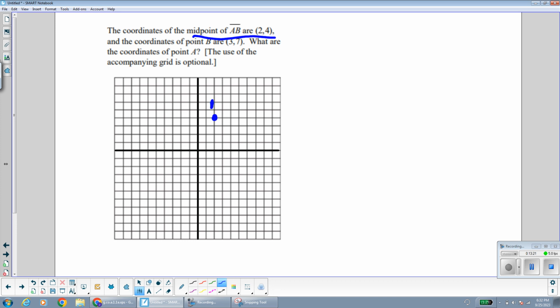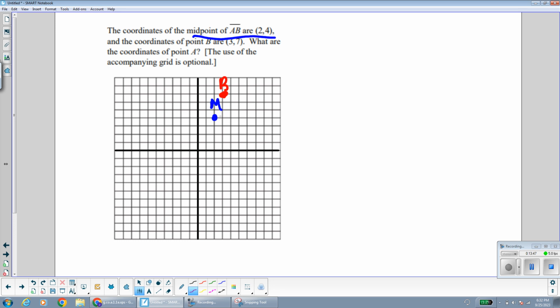So I'm going to label that M because that's the midpoint of the line segment AB. And it says the coordinates of point B, which is one of the endpoints, are 3, 7. And we need to find point A. So I know it's going to be somewhere down there, but we need to find exactly where.